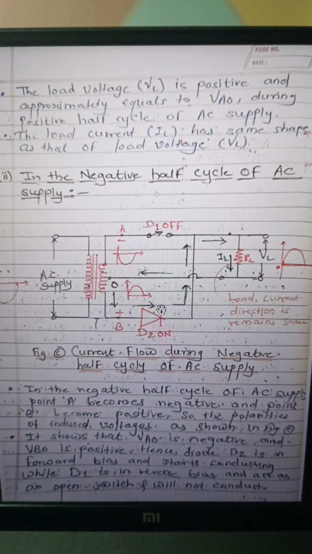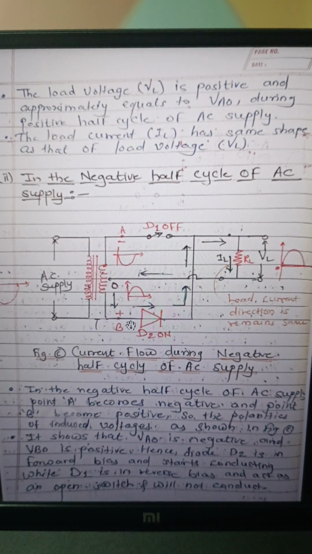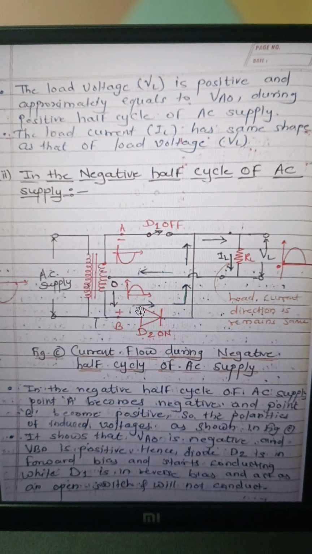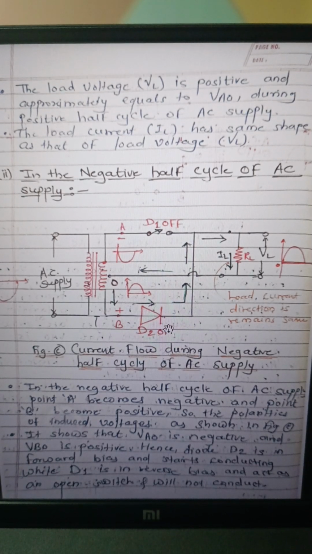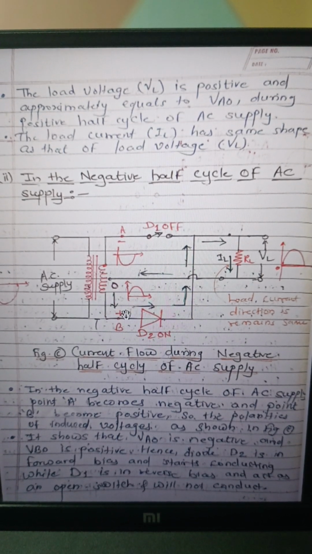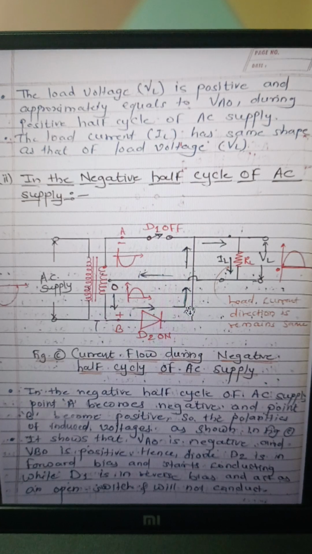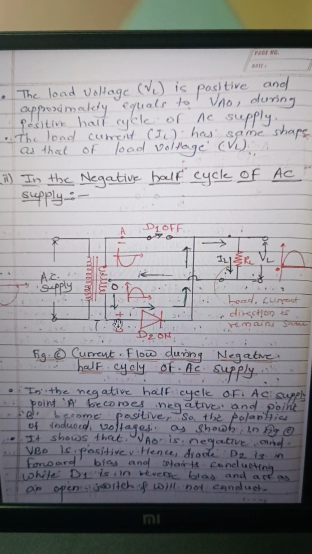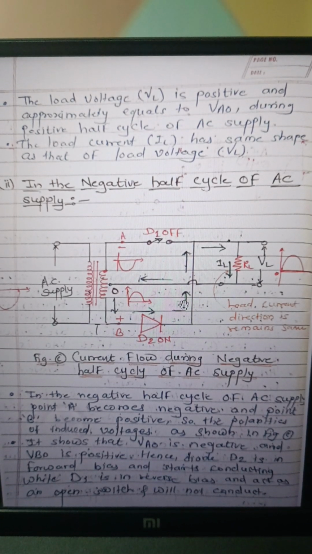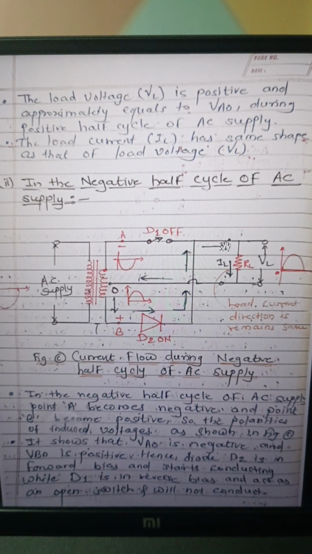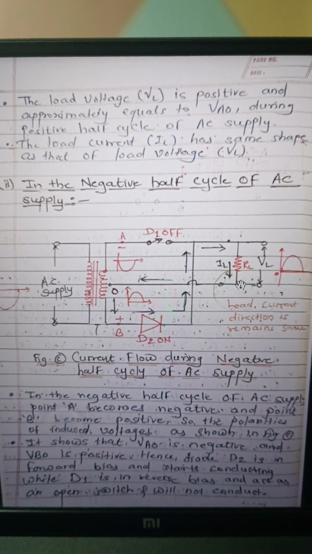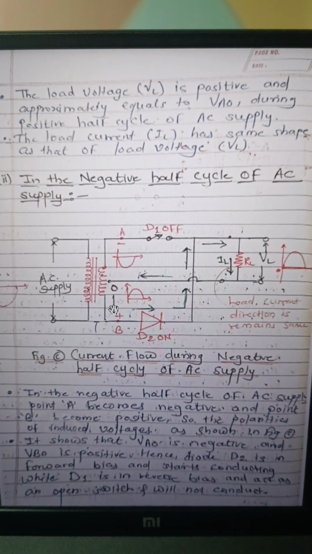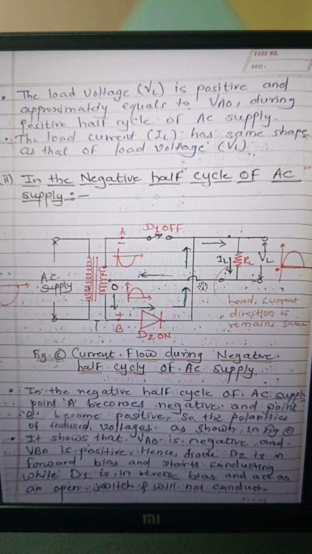Okay, but as VBO is positive, diode D2 is in forward bias mode, so current flows through diode D2, and the direction of current is point B, diode D2, then RL and again back to O. So current flows like this.